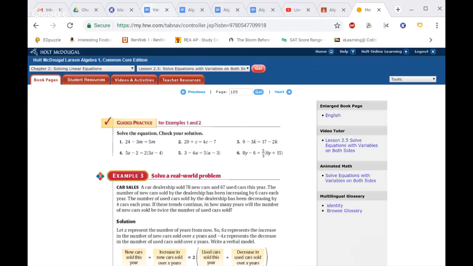I personally, on this one, even though we often like our variable to be on the left side, if I add 3m to both sides, I'm going to have a variable on the right and a constant on the left, which really is the goal: to have a variable on one side and a constant on the other. I would add 3m to both sides. Really good question though. If I subtract 5m from both sides, I'm going to have to do one other step by subtracting that 24 from each side.